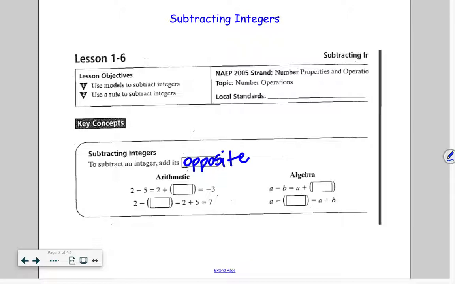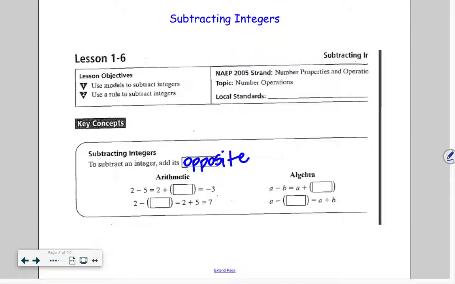Change subtraction to addition, change the sign of the second number. Your brain needs to be on repeat with that phrase. Because then you're just going to follow the same rules that I taught you in chapter 1, section 5.